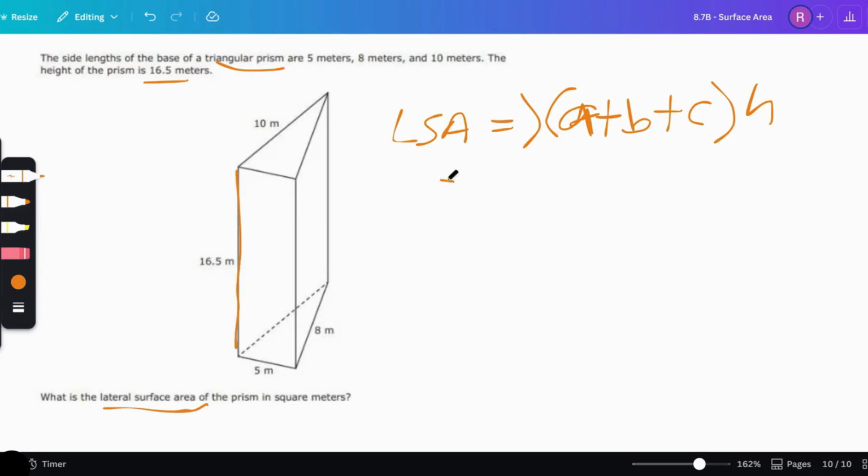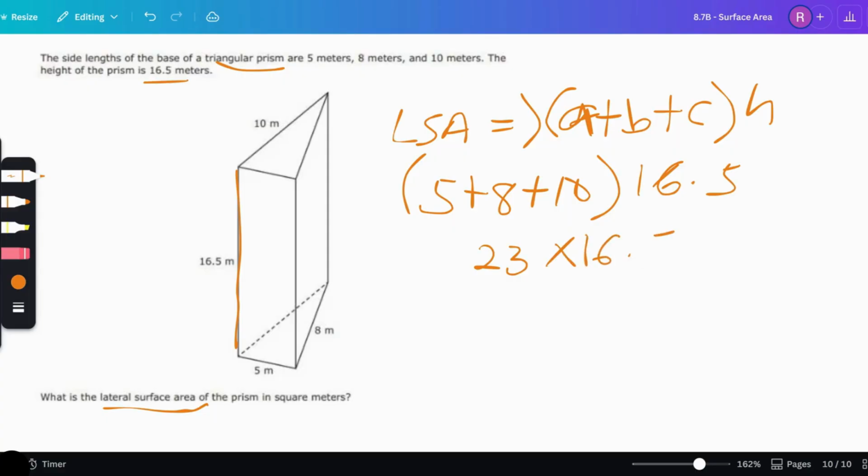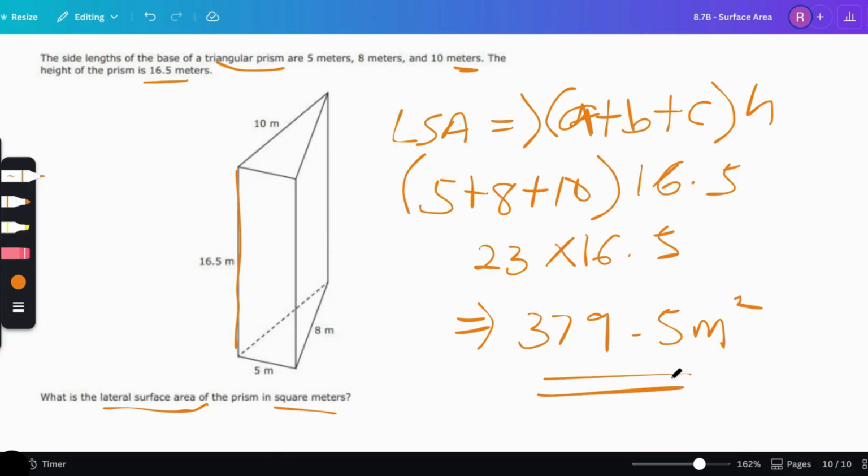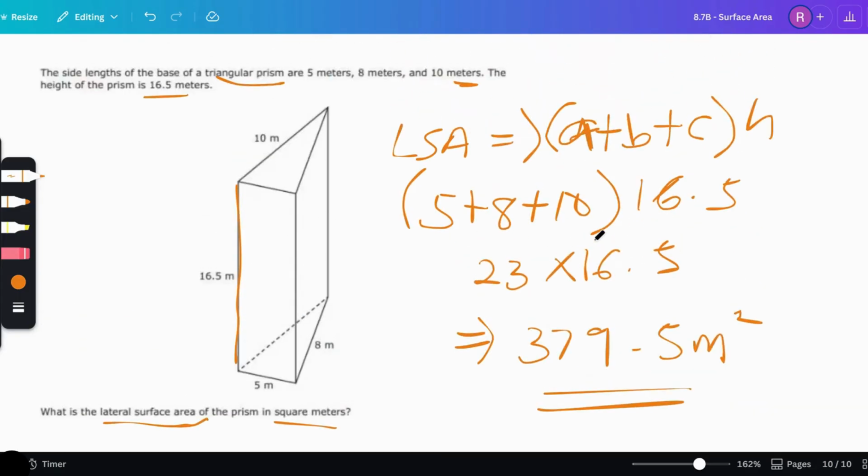So we have 5 plus 8 plus 10, then times 16.5. 5 plus 8 plus 10 will be 23, times 16.5, and that gives 379.5. We have meters, so that will be meters squared, since we are calculating area, it must be in square meters. So that will be the last one for this, and I will see you in the next one.